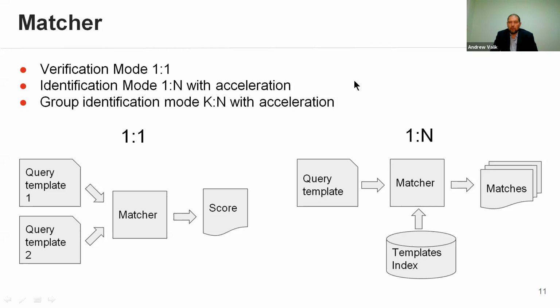For example, we tested this mode on 16 CPU cores, and we received a speed of 800 million comparisons per second with such a CPU. So it's very fast, and you can search against 1 million faces, for example.